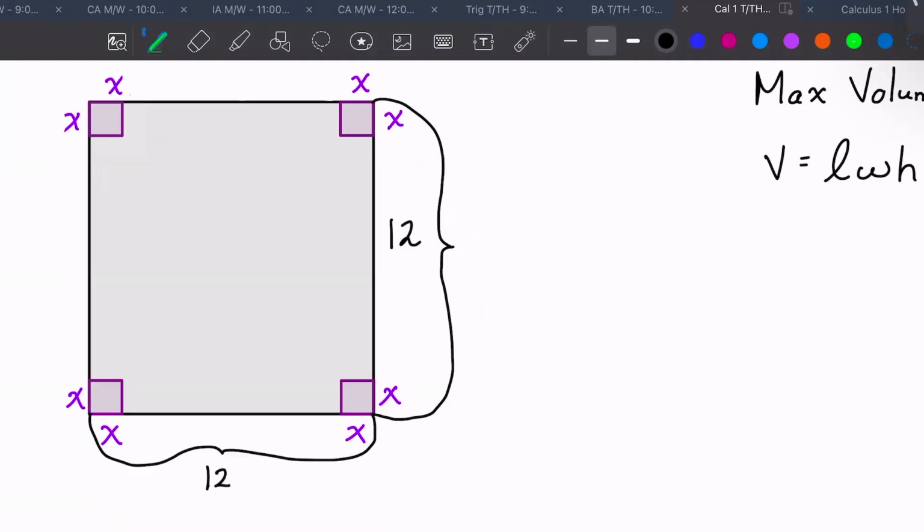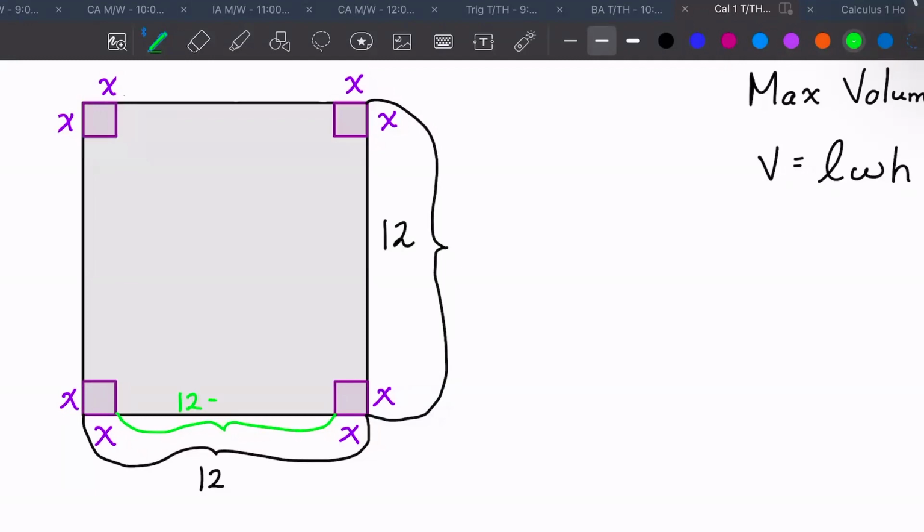But just that piece, I'm taking off those X's. You see? It would be 12 minus 2 X's, because I'm cutting them off. Same thing on the side. This piece would be 12 minus 2x.